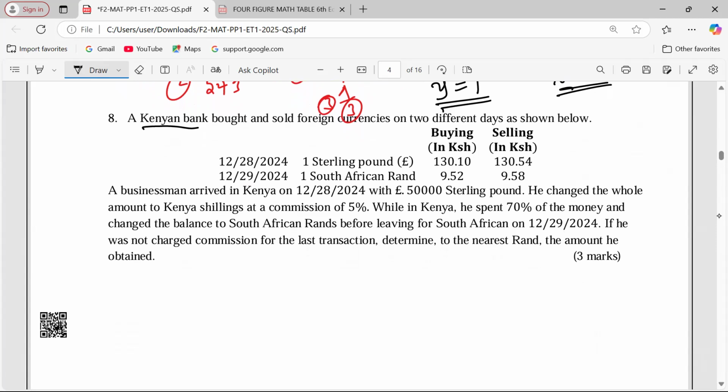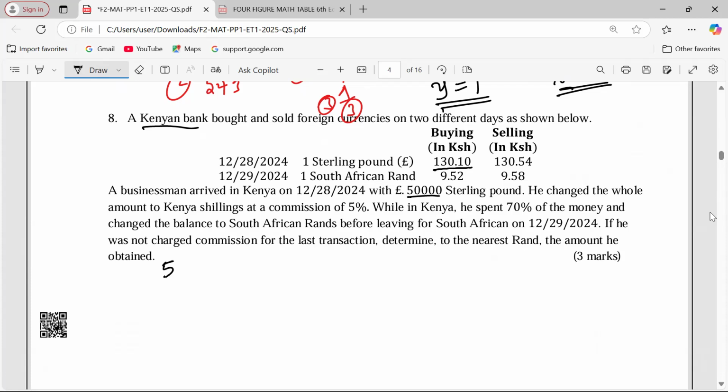When you come from another country, the Kenyan bank is going to buy the foreign currency from you. So the Kenyan bank buys 1 sterling pound at 130.1, and this businessman is having 50,000 of them. So how much Kenyan shillings will he receive when the Kenyan bank buys the sterling pounds from him?